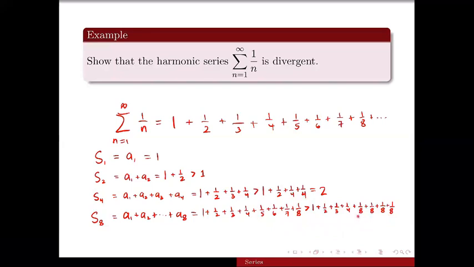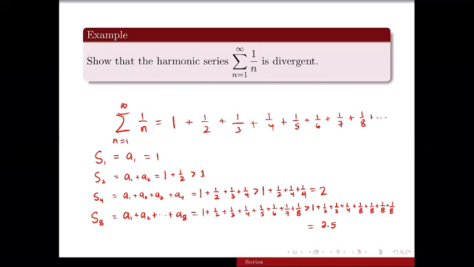But what is this guy? This guy here is just 1/2. Okay? So if we calculate, this is actually 2.5.